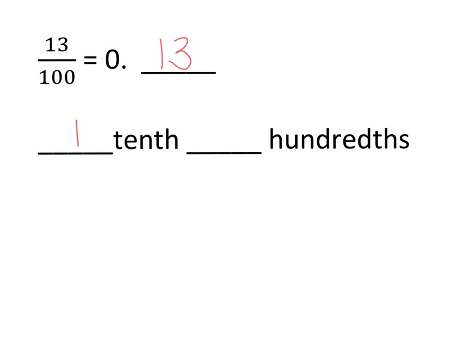And then that 3 is in the hundredths place, so we have 3/100ths. So if we were to break this down, let's show this as a decimal, 0.13. We have 1/10 as a fraction, and then that 3 is 3/100ths.